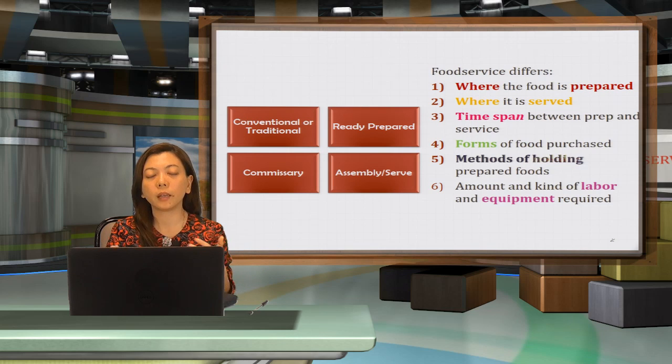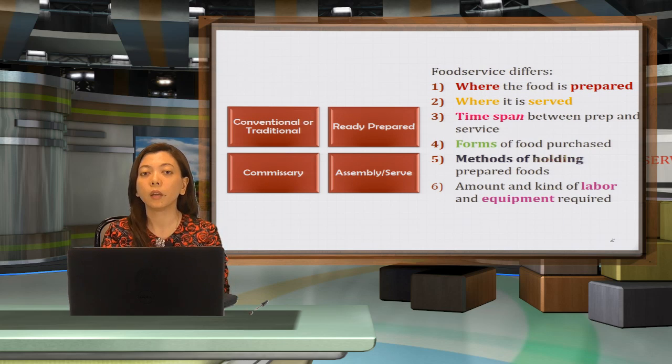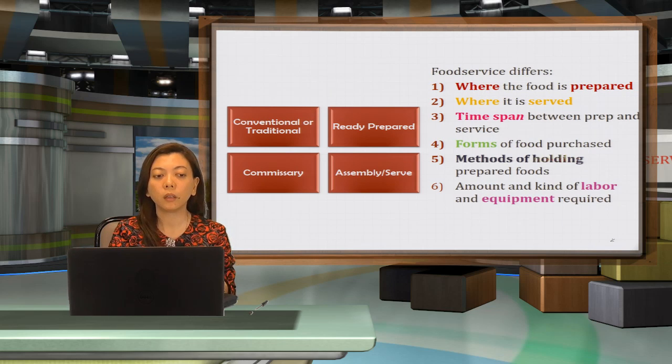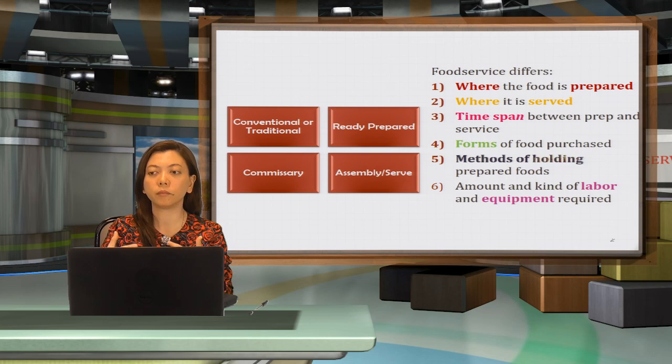But in assembly serve, on the other hand, they might purchase a convenience food. For example, if they were to serve soups, maybe they would buy soups in cans, so they only have to reheat the food item.